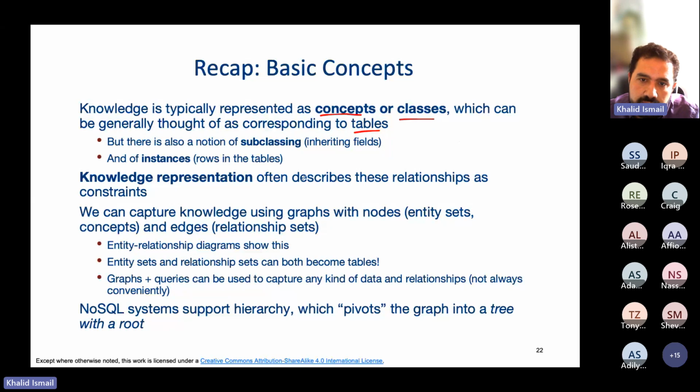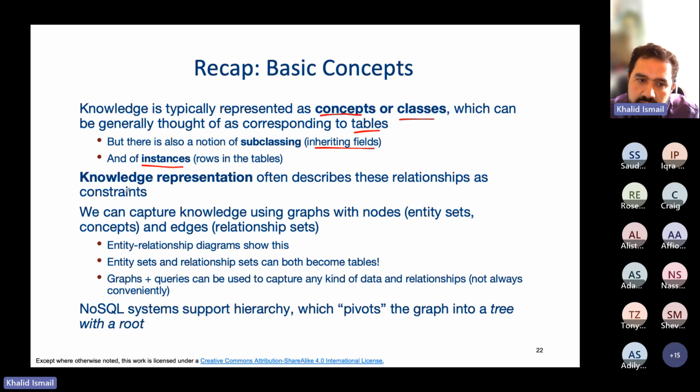Also a notion of subclass, which includes inheritance, so the properties in the superclass are inherited in the subclass. And we have instances, which are represented by the rows in the table.